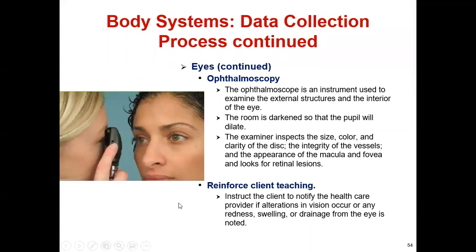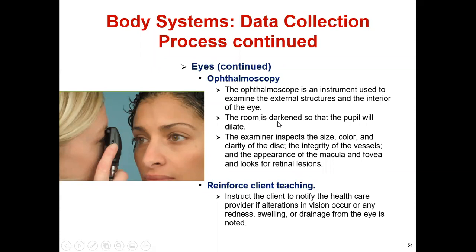Here we can see ophthalmoscopy. As I told you, by ophthalmoscopy we visualize the structure of the eye. The ophthalmoscope is an instrument used to examine the external structure and interior of the eye.